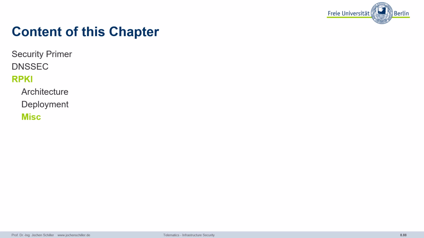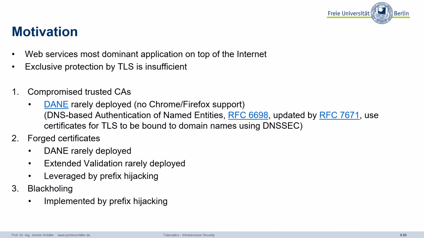Why RPKI is a good idea. We all know that the web is the most dominant application right now on top of the internet. We know that we have TLS to protect the content, yes, but what happens if we have, for example, forged certificates, or we have problems with certificate authorities?